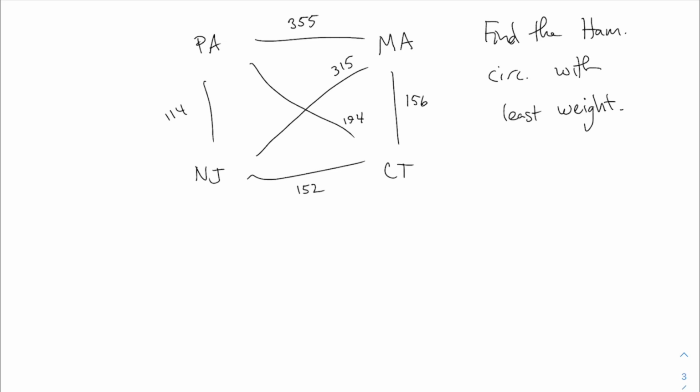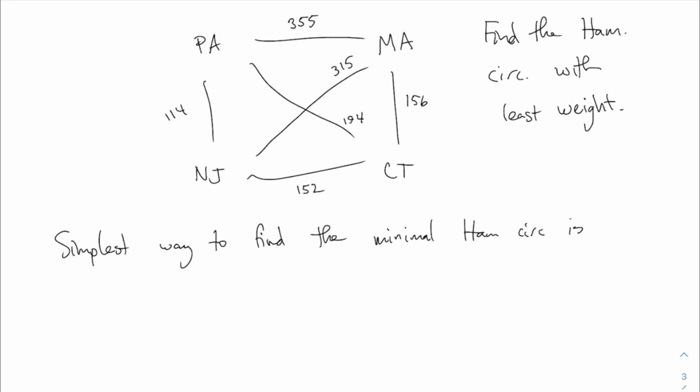so the easiest way, I won't say easiest, I'm going to say the simplest way to find the minimal Hamilton circuit is by just writing down all the possible Hamilton circuits and then checking to see which one is the best.